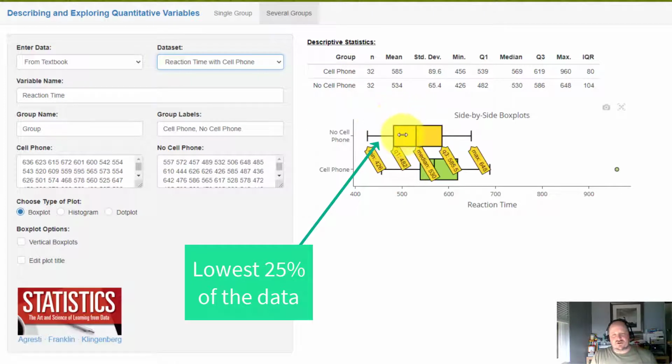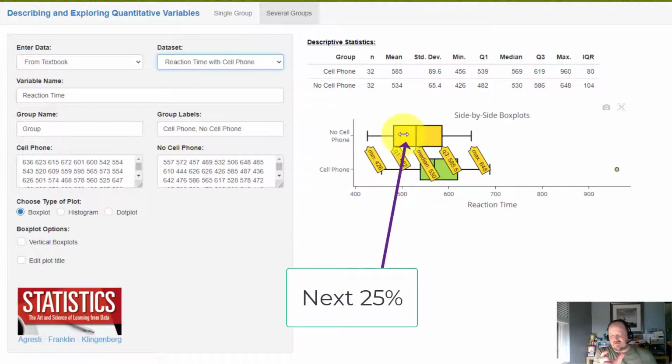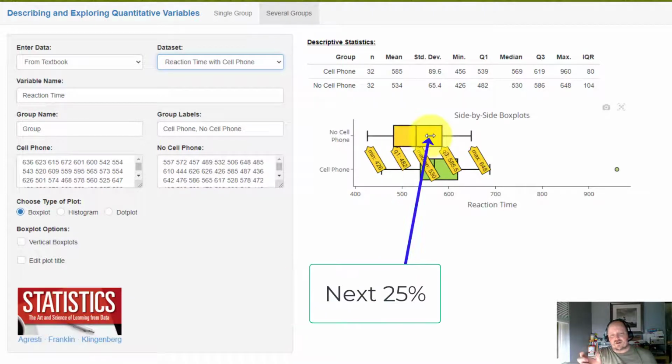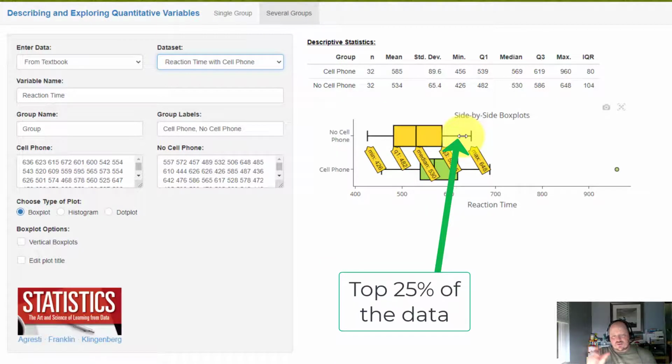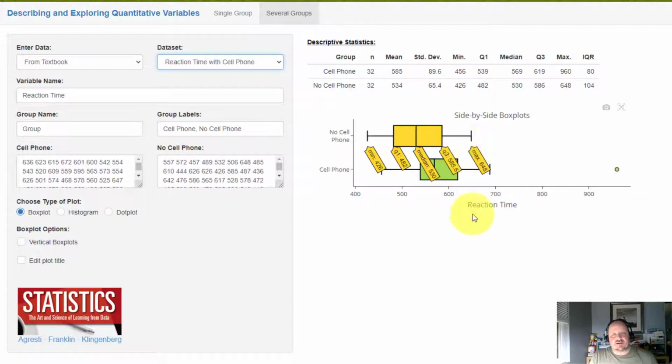There's a chunk in the middle, which is the left-hand side of the box. There's a chunk above, which is the right-hand side of the box. And then there's a chunk above that. Those are the 4 chunks, and each one of those chunks represents about 25% of the data.